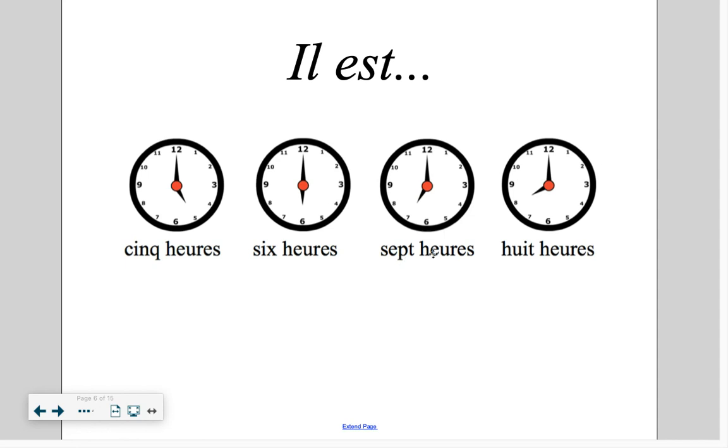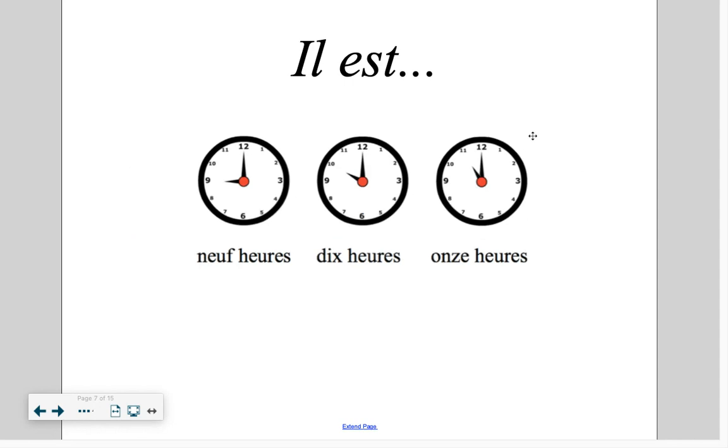Il est 7 heures. Il est 8 heures. Il est 9 heures. Il est 10 heures. Il est 11 heures. Good. If you need to go back and look at the numbers again, there are links to Quizlets in last week's folder of numbers reviews. Okay.